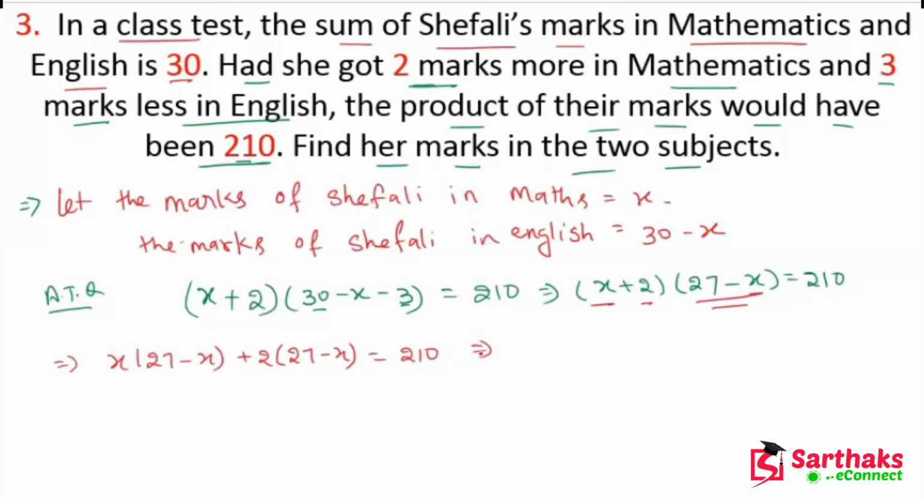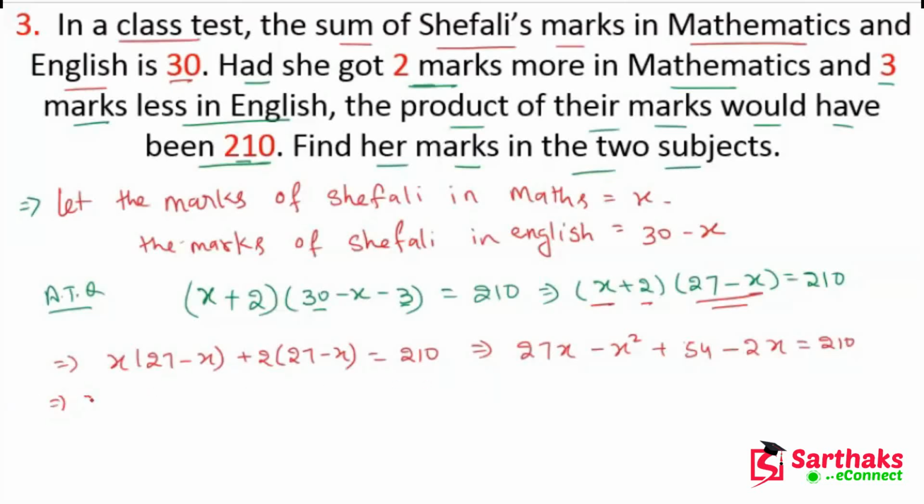So here this will become 27x minus x square plus, if we multiply 2 into 27, we get 54, and minus 2x, is equal to 210.